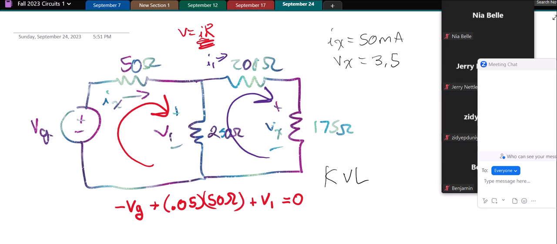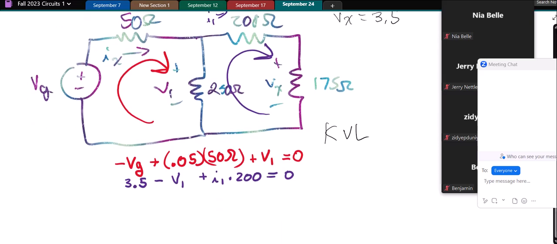I don't have to do anything extra along this Vx, I already know that's 3.5, so I have 3.5, and then minus V1, and the reason it's minus is I'm going into the negative side of that one. And then across that 200 ohm resistor, that will be plus I1 times 200 ohms. And that has to equal 0.